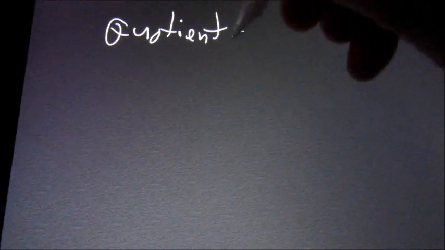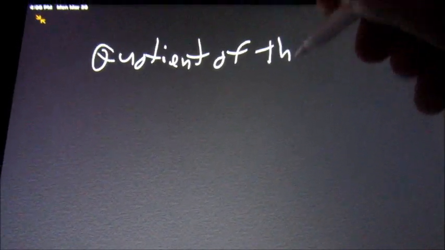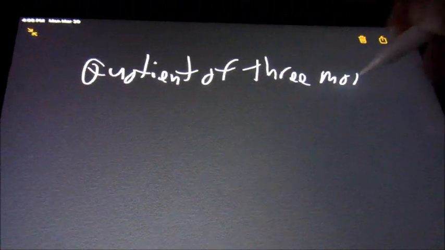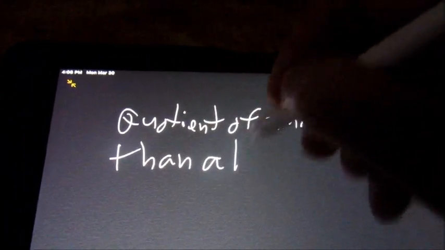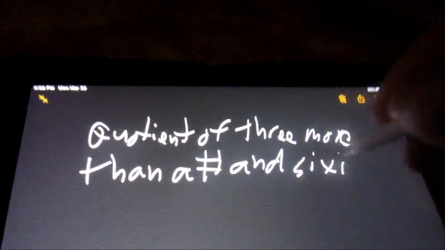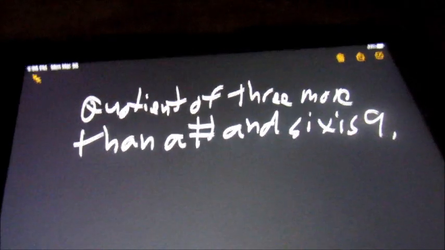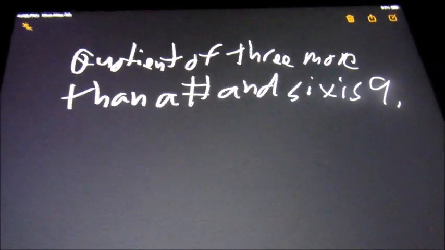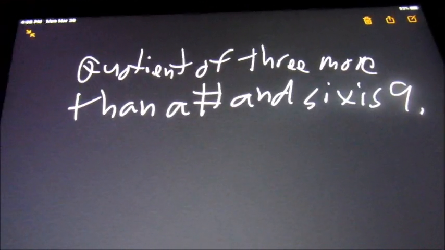Okay, next is some word problems. So quotient of 3 more than a number and 6 is 9. Okay, so the and here, when you have the quotient, is where the dividing is.